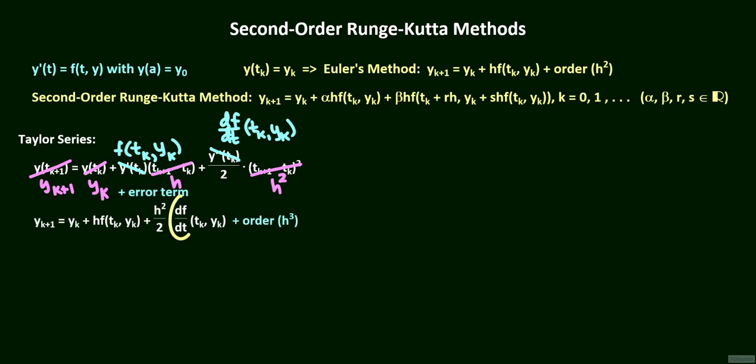By the derivative of f with respect to t, we mean the total derivative of f with respect to t. We apply the chain rule to find this total derivative.